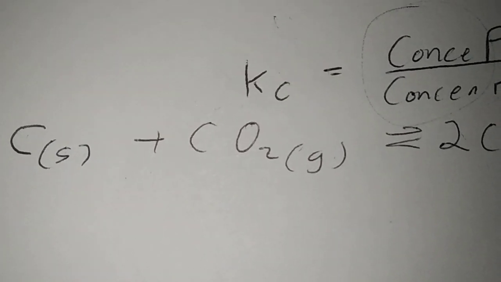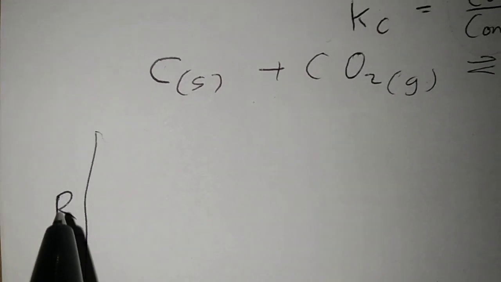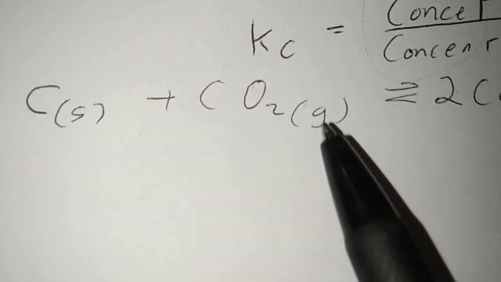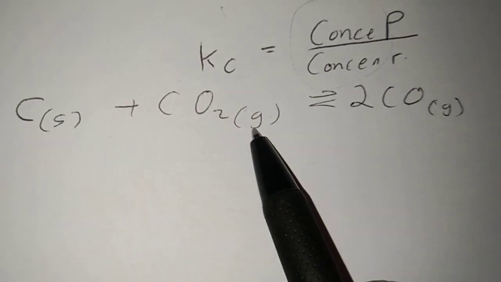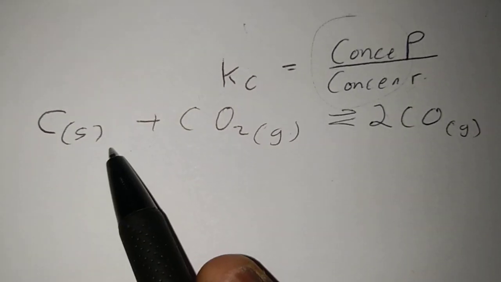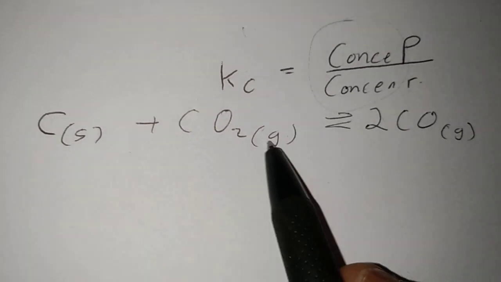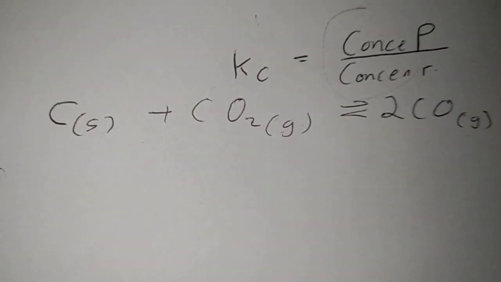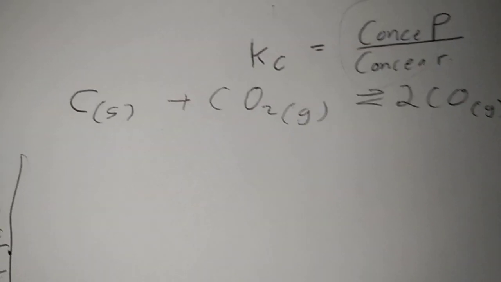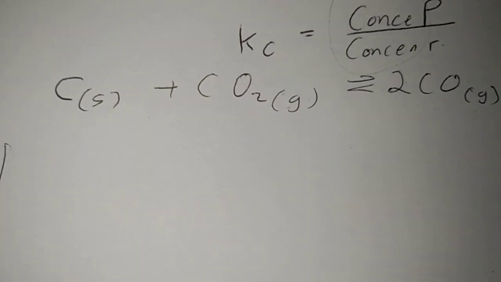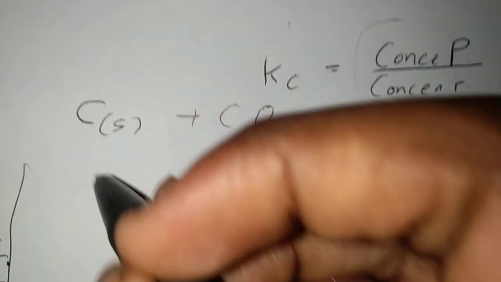When we do this equilibrium table, the only ones that we include are the ones which are either in gaseous or aqueous phase. Now if you look at this balanced equation, we only have gaseous and solid. Solid does not apply because it does not change in the reaction. Therefore I'm going to include only these two just because they are in gaseous phase.